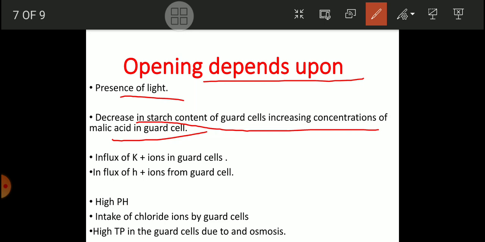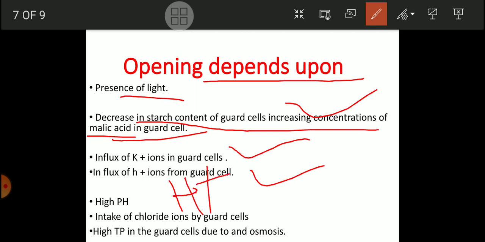Now, for opening, light is required, the starch content of the guard cell decreases, and the concentration of malic acid increases in the guard cell. Influx of K+ ions takes place into the guard cell. Efflux of H+ ions from the guard cell takes place; here H we have to write capital H+.